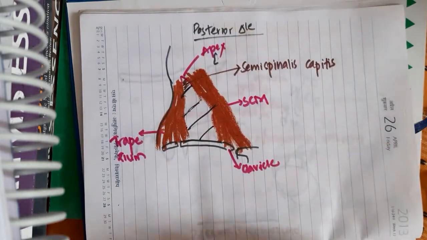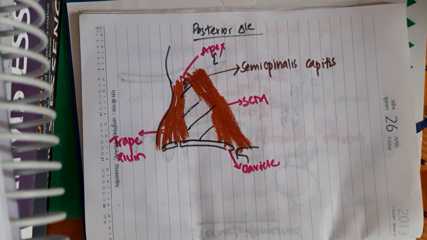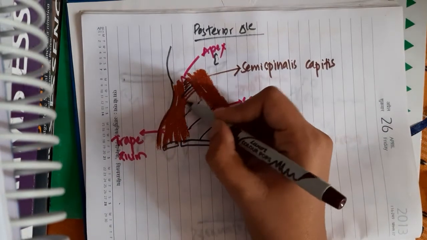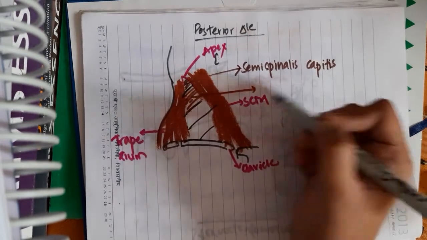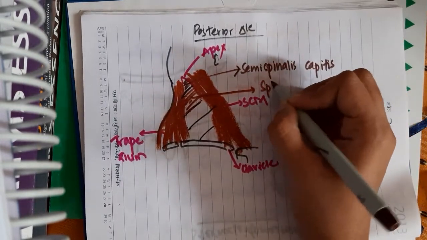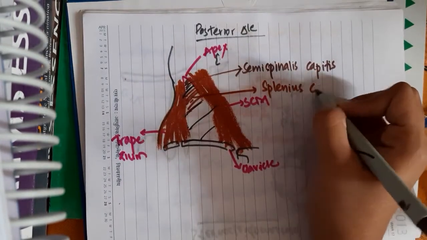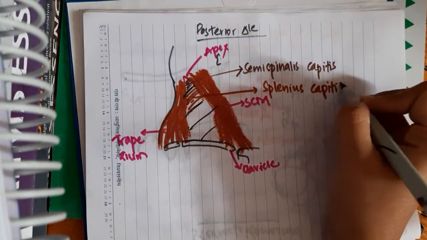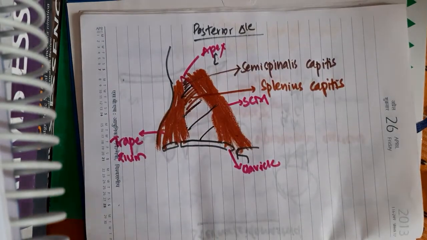Just below the semispinalis capitis we have the second muscle, which is called the splenius capitis.